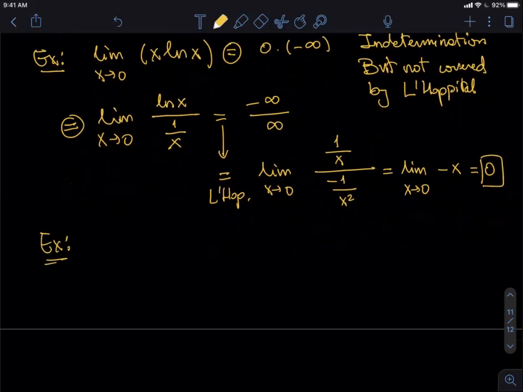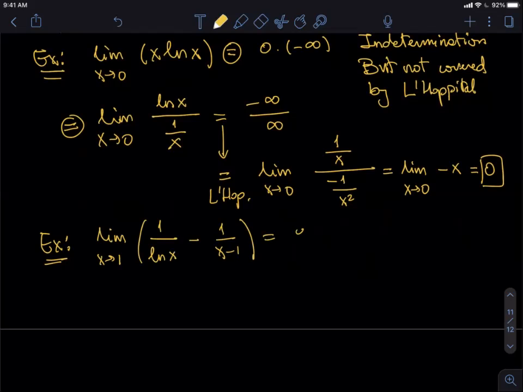We can do this in many examples, okay? So even if we can't apply L'Hopital right away, it's worth checking if there is any manipulation that can play in our favor. So for example, limit as x tends to 1 of 1 over the logarithm of x minus 1 over x minus 1. In this case, what do I get?